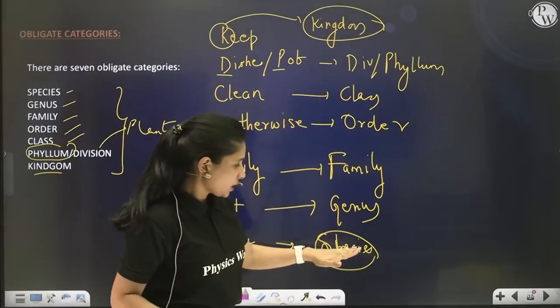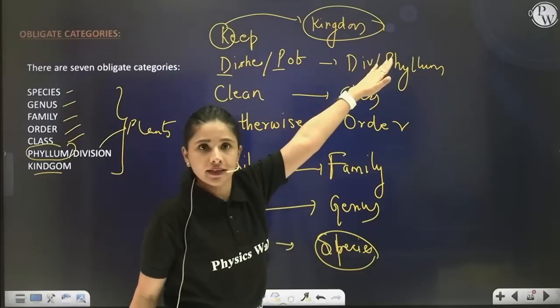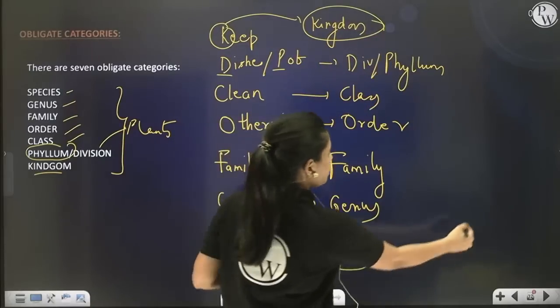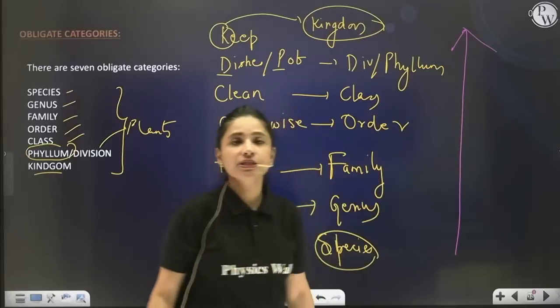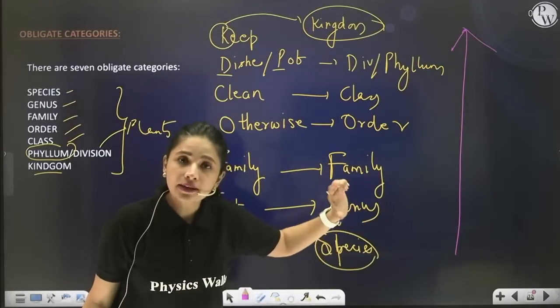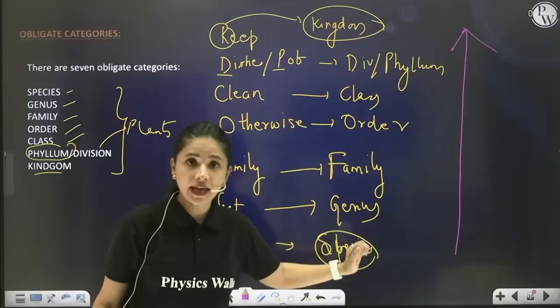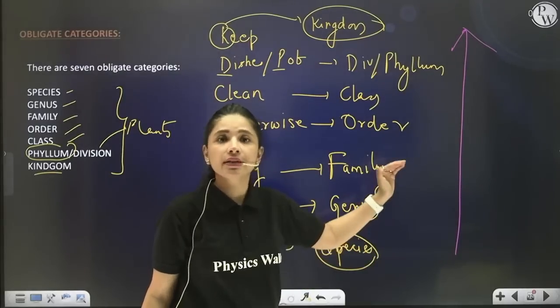Now, the lowest category is species, topmost kingdom. As you go up in the series, similarity among organisms kept in each category keeps on decreasing.